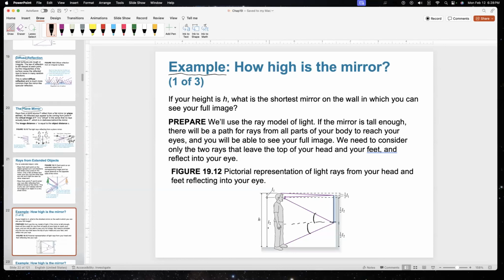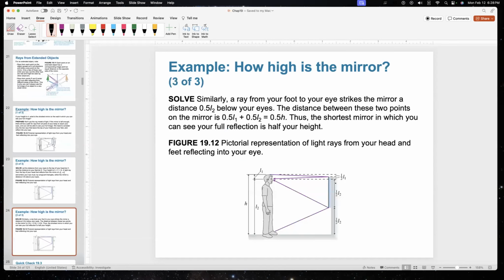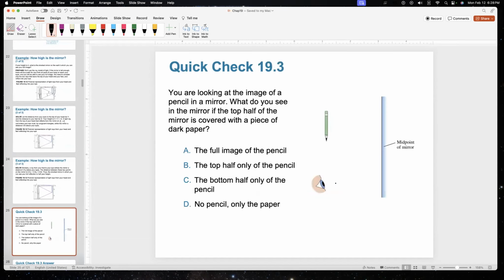And you can use that to figure out this height, that height, etc. And your eye is going to look at the top of your head. So again, you split this in the middle and say the angle here is equal to the angle there, and the little triangle at the top from the eye to the top of the head will help you figure out what is the size of this full mirror. So, a nice little exercise and example in your book. Follow it to understand, or do it on your own and just check the final answer. Okay.